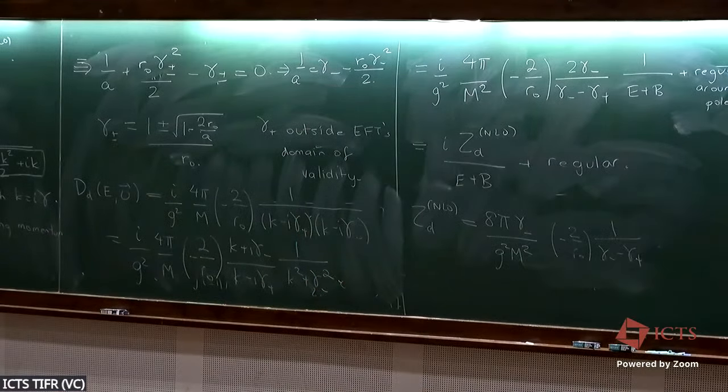Yeah, so this is an interesting point, right? I didn't go into this because it's a bit of a technical detail, but when you do this matching, you can either choose to do it at 0 or you can choose to do it at the deuteron pole. And if I had done it at the deuteron pole, I wouldn't have had to play this game where I replaced R0 over A by R0 gamma.